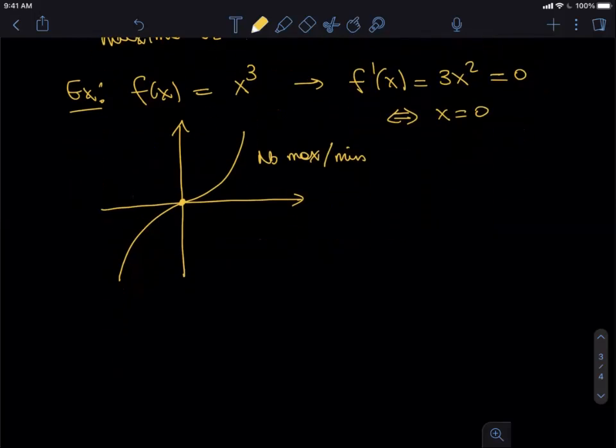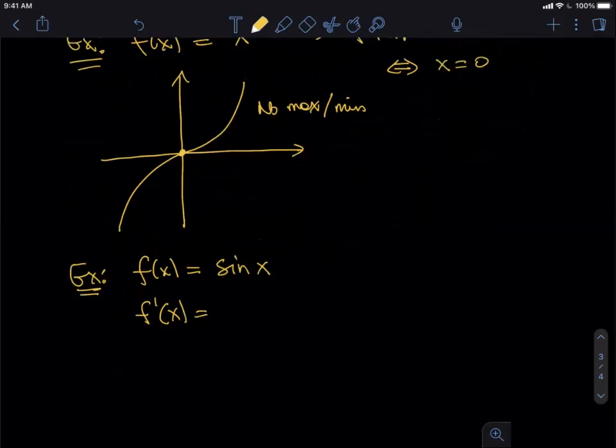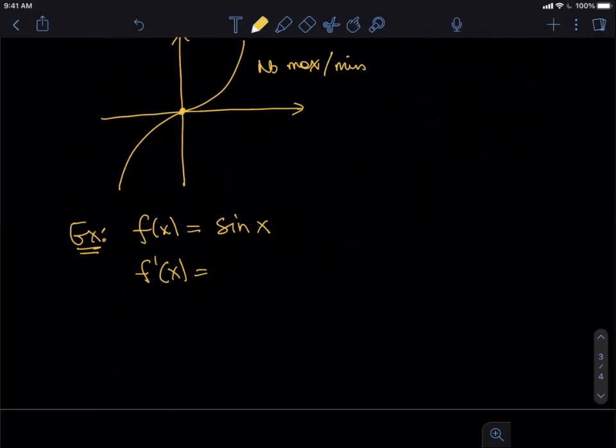Okay, let's go back to our original example with the sine of x. So we already guessed the values of the maximum and the minimum, right? But let's compute them. So the derivative of the sine is the cosine of x, and this is equal to 0. Where is this equal to 0?